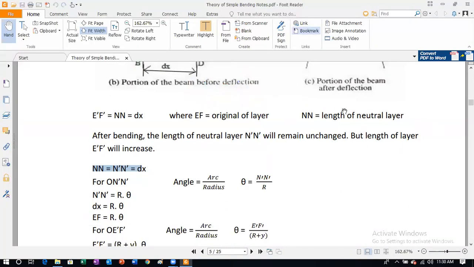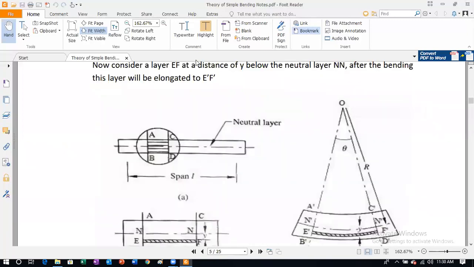Here is point O, E dash, and F dash, with the angle again theta.